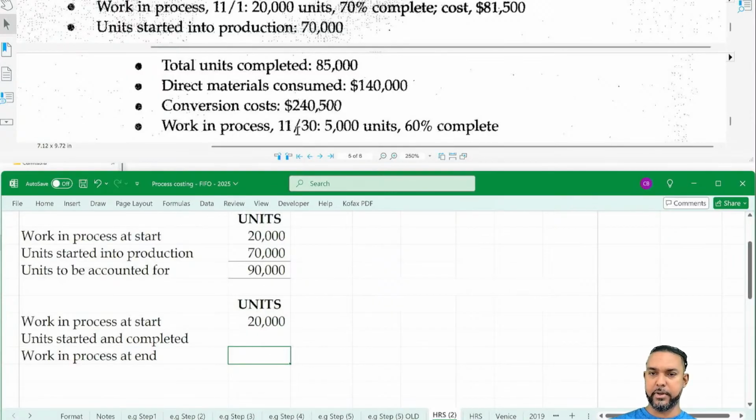It told us down here, 5,000. Right, and then units accounted for. Again, well, it has to be the 90.